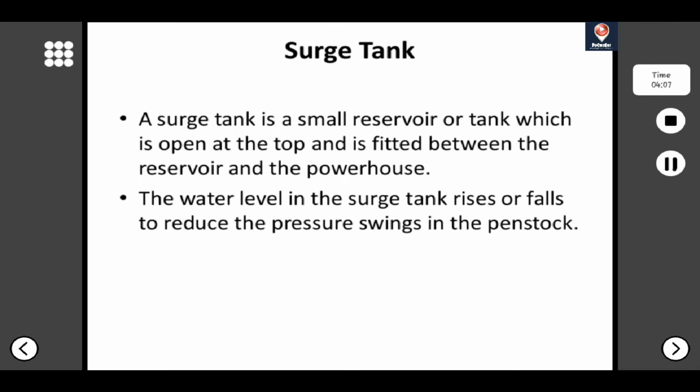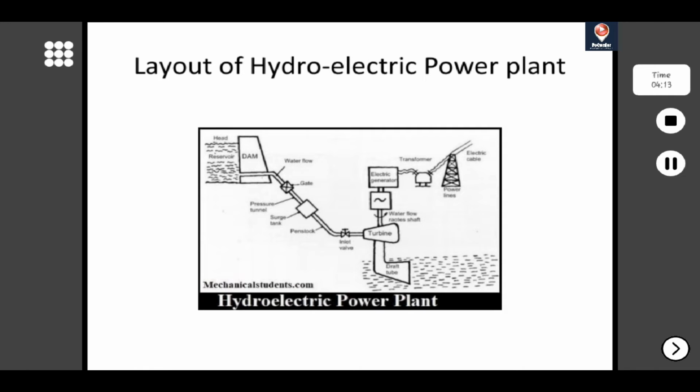Next we can see the main component, that is the surge tank. The surge tank is a small reservoir tank that is placed in between the dam and the turbine. The main purpose of the surge tank is to maintain the pressure of the water flowing through the penstock. The surge tank is also called a small reservoir.